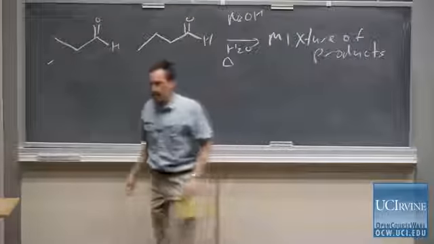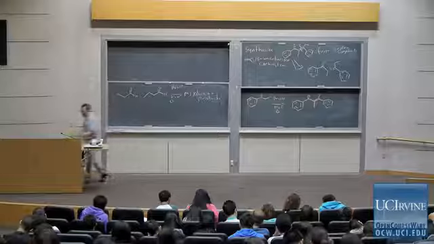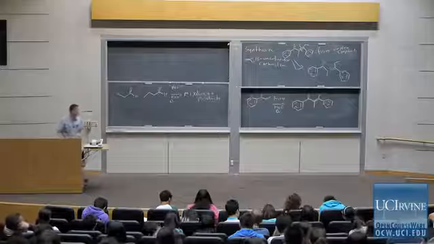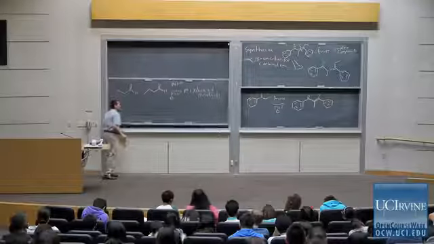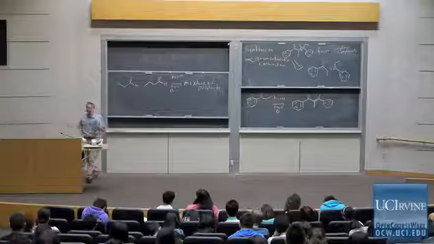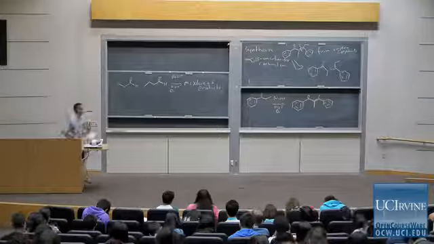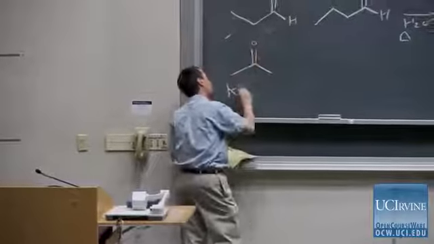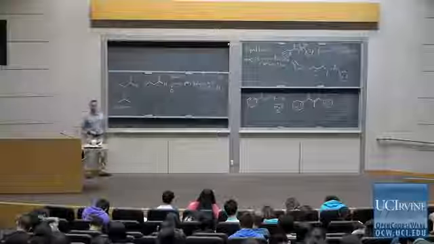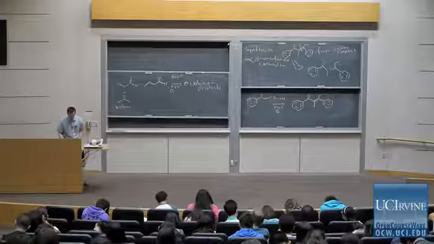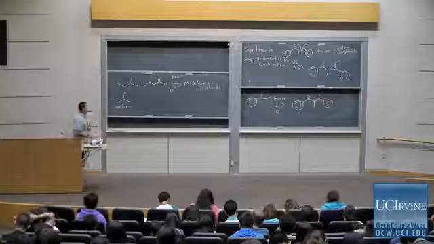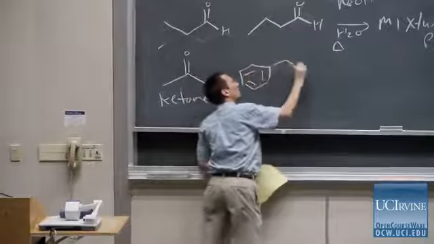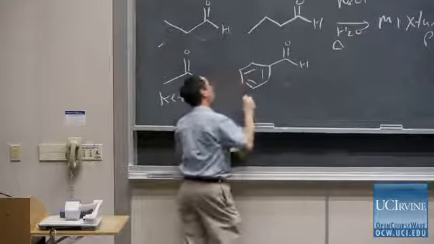So in many circumstances, if you just mix together different aldehydes and base, you get a mixture of products. But there is one special type of case where you can control mixtures of compounds. And the generalities are, if you have a ketone, an enolizable ketone, obviously it's got to be enolizable, just like propiophenone, and you have a non-enolizable aldehyde, like benzaldehyde.